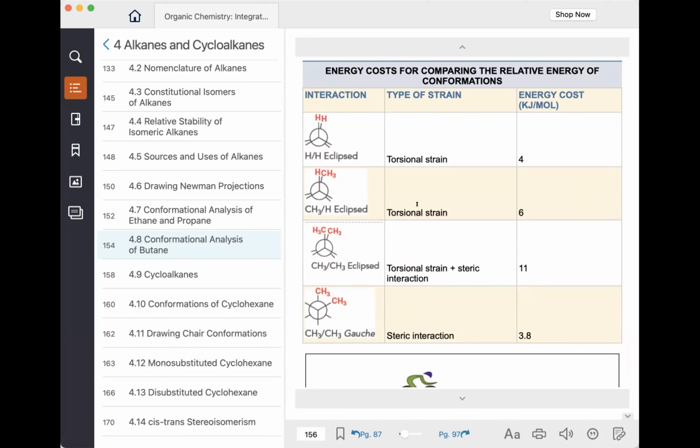And you see that there are differences there. They have differences in torsional strain or steric interaction. And again, torsional strain is that energy difference between a CH3 and an H eclipsed. There's no steric problem there. It's just a torsional issue due to that anti-bonding orbital overlap that we saw in 4.7.